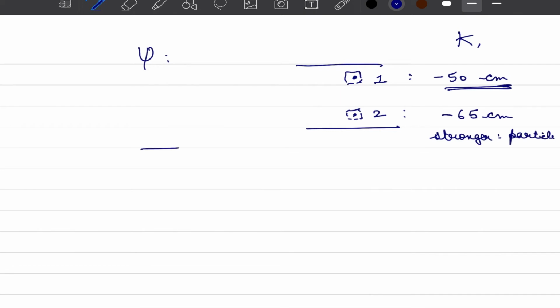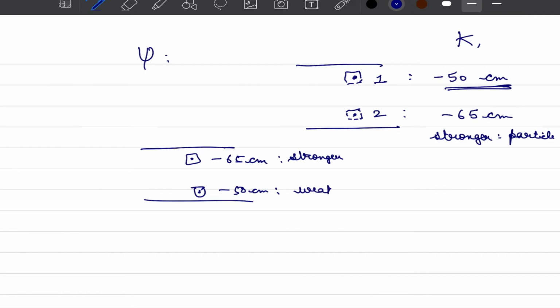And if we invert the situation, that is, now particle 2 here has a suction head of minus 65 and particle 1 has a suction head of minus 50 centimeter, that would mean that this has a stronger suction in comparison to the point here, which is going to have a weaker suction. That would mean if there is a drop of water here, it would have a tendency to flow towards a particle which is going to have a stronger suction.